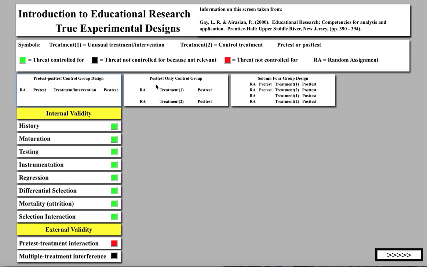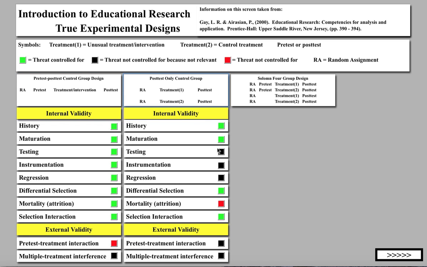Here is the second. We have a post-test only control group. We have random assignment and an intervention and a post-test. Random assignment, and this would be the traditional control group, and a post-test. So we have random assignments, treatment and control group, and post-testing.